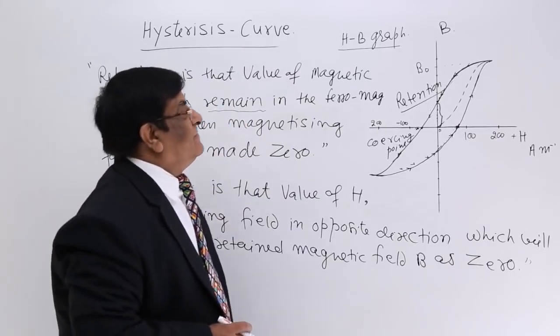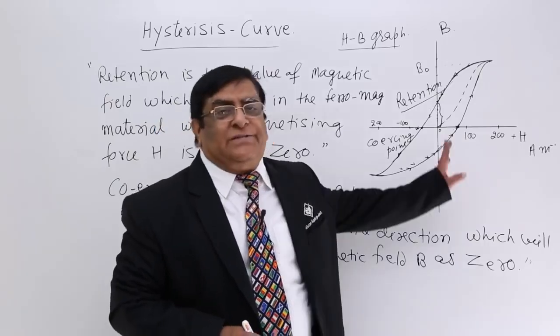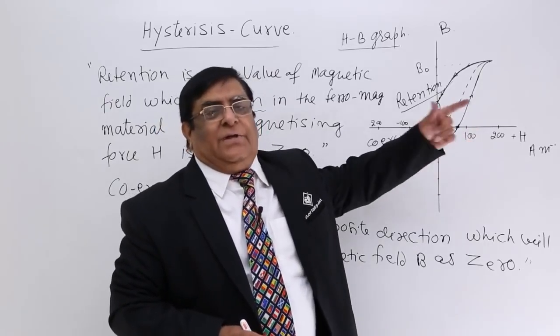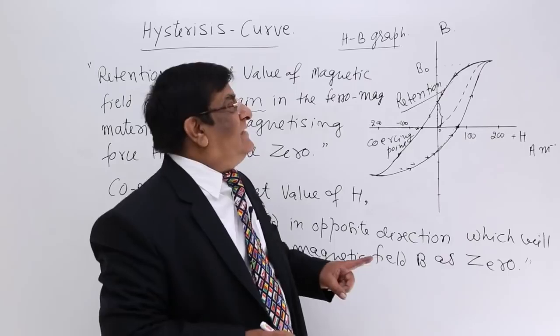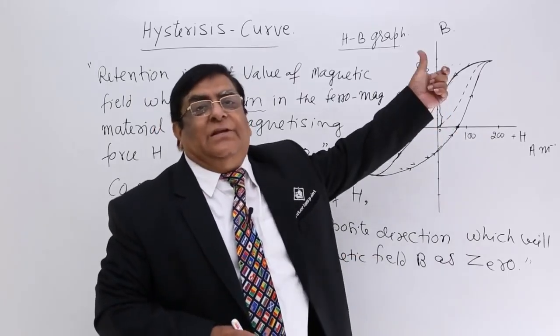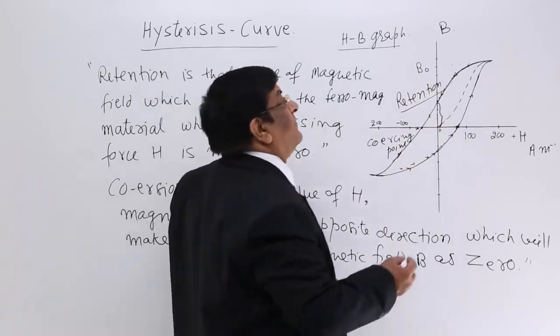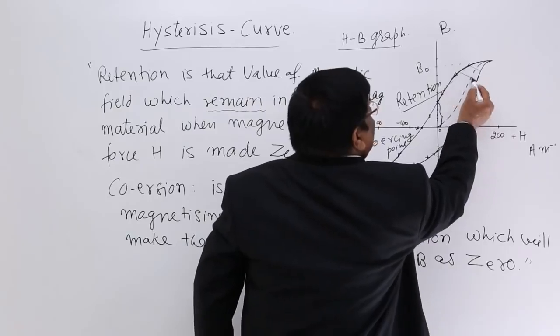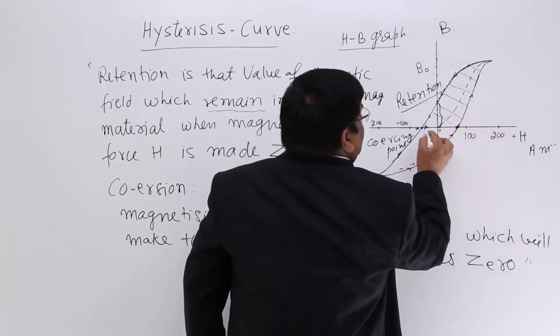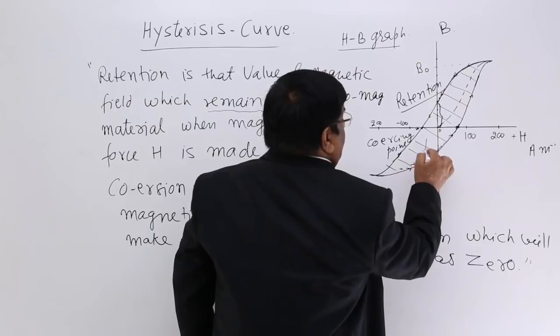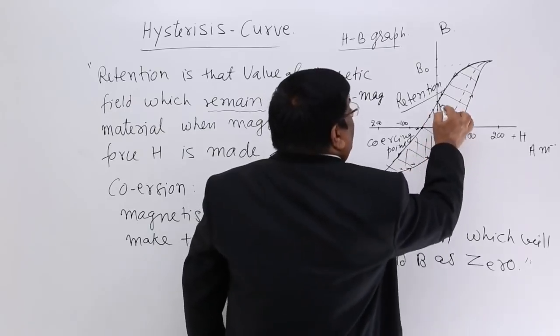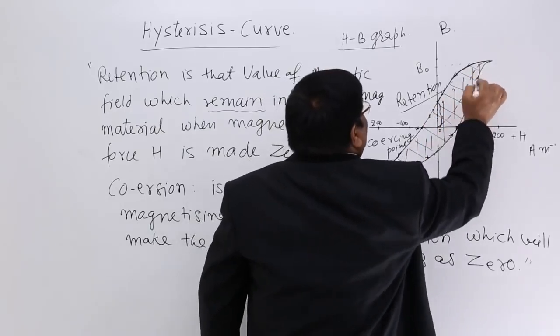Now after this, another thing: what is the importance of this curve? The answer: the importance of this curve is the area within the curve. Area within the curve is this area. Now, what is represented by this area?